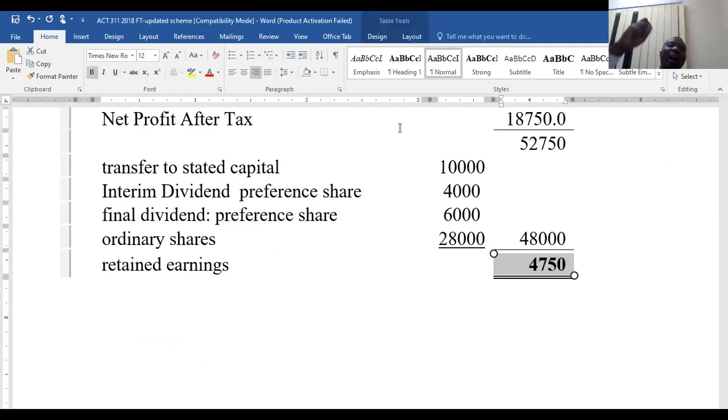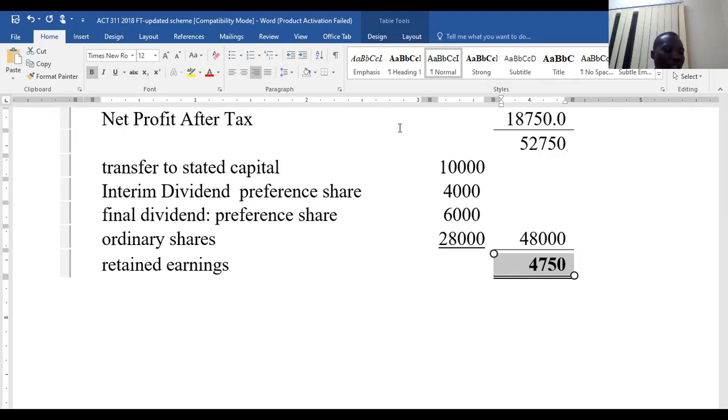So stated capital 190,000. Capital surplus 18,000. Income surplus or retained earnings 4750. Then you add all. You add the 190 to the others, and you get a total.